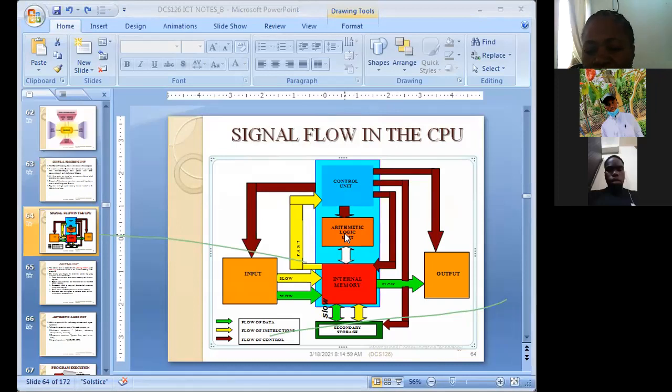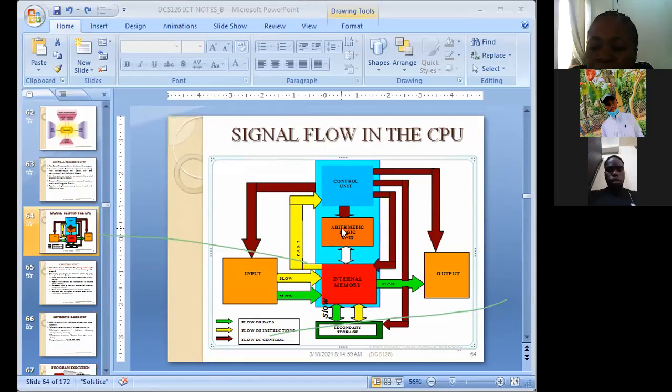So that is what the arithmetic and logic unit does here. It picks the inputs and checks what they are. Is it data? Is it an instruction? What is the instruction saying? Now, supposing the instruction is saying multiply two numbers, and the two numbers are stored in this address in the memory.